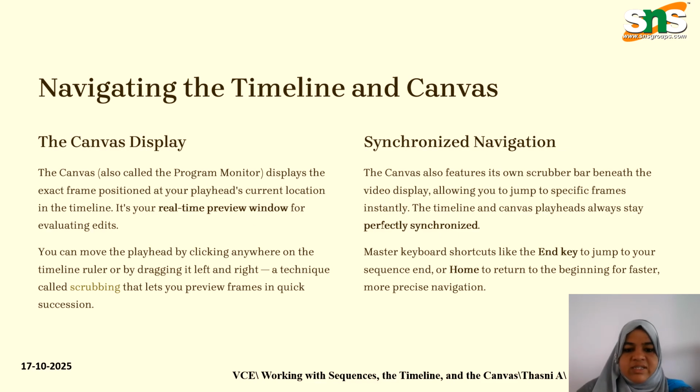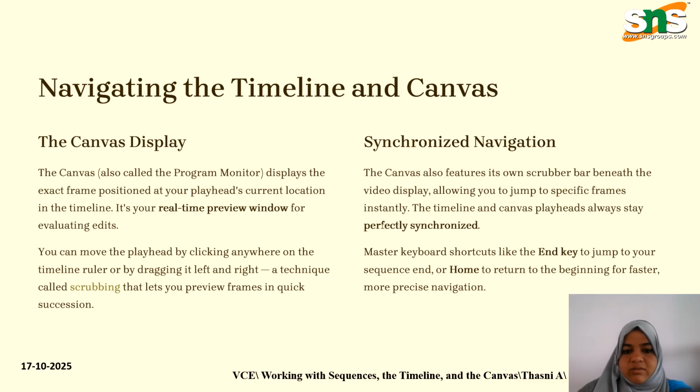Next one is navigating the timeline and canvas. The canvas display, also called the program monitor, displays the exact frame positioned at your playhead's current location in the timeline. It's a real-time preview window for evaluating the edits. You can move the playhead by clicking anywhere on the timeline ruler or by dragging it left or right, a technique called scrubbing that lets you preview frames in quick succession.